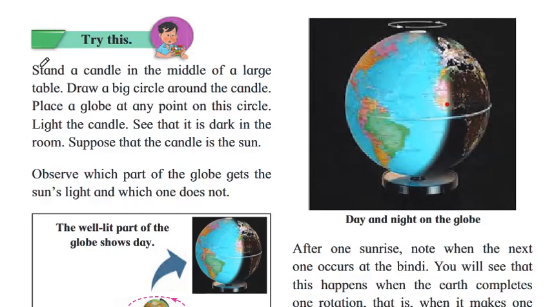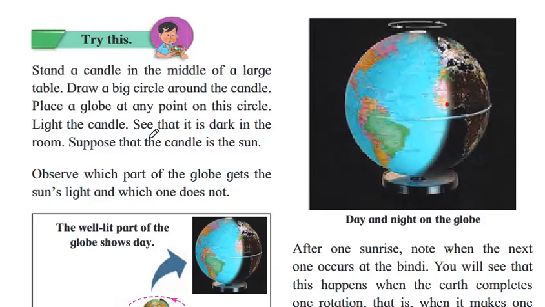Try this. Stand a candle in the middle of a large table. Draw a big circle around the candle. Place a globe at any point on this circle. Light the candle. See that it is dark in the room.